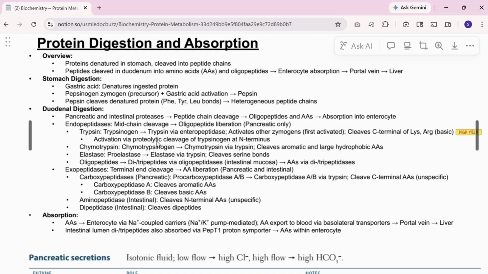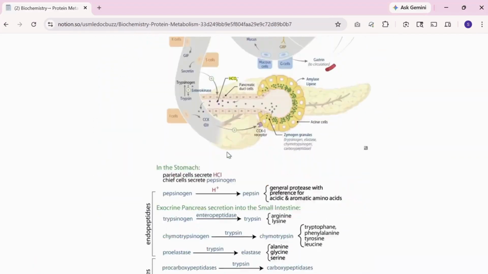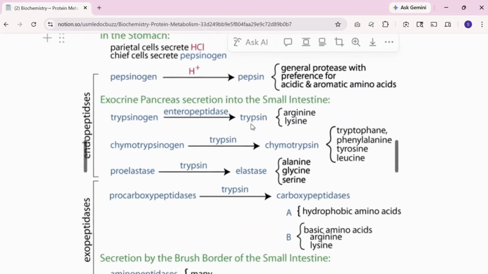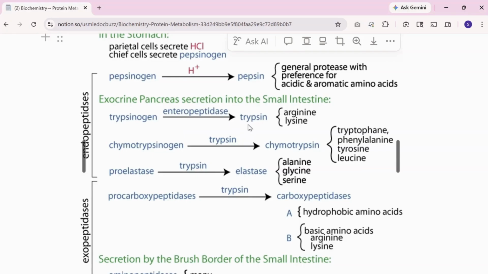Once this intestinal enzyme acts upon trypsinogen, only then can the trypsin actually work. But in some cases, whenever they talk about acute pancreatitis and stuff like that, trypsin activates within the pancreatic duct, and it leads to autodigestion. So that's a clinical correlate.